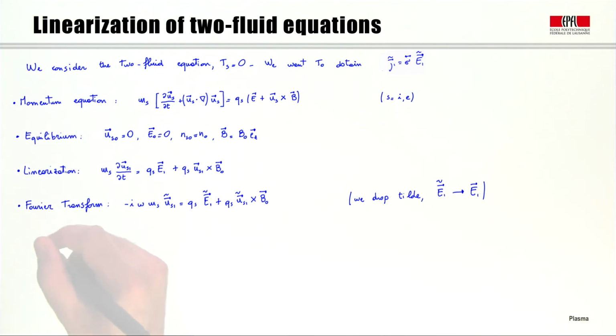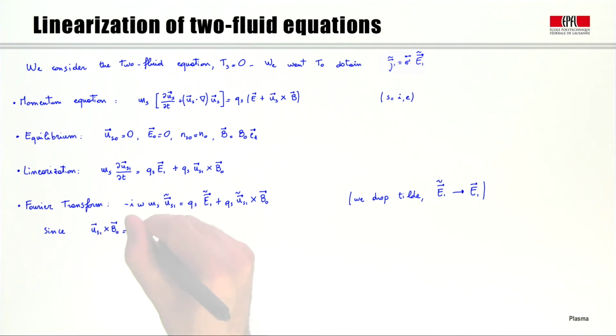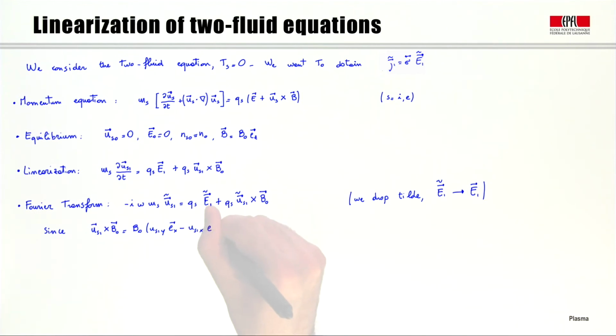Now, since u_s1 cross B0 can be written component by component as B0 times (u_s1 in the y direction E_x minus u_s1 x E_y), this equation can be written with a minus i omega term, the d over dt term, that will be a diagonal term.